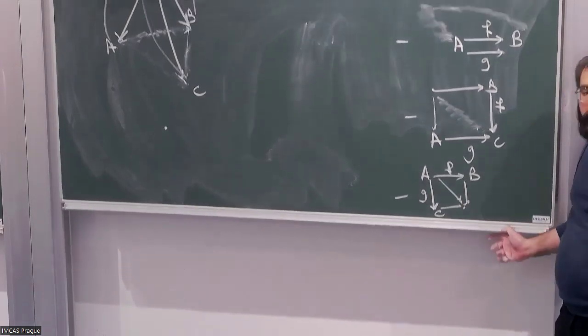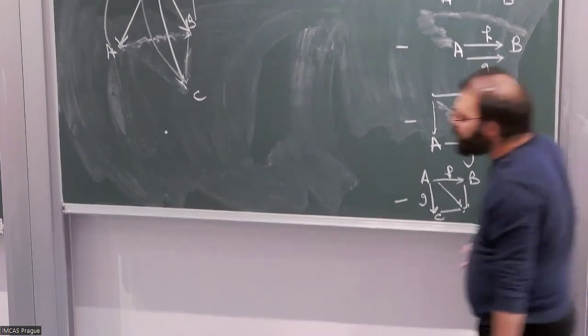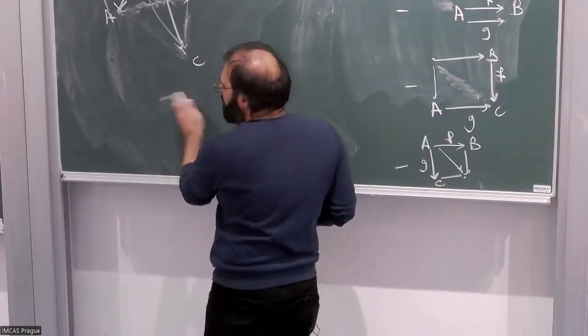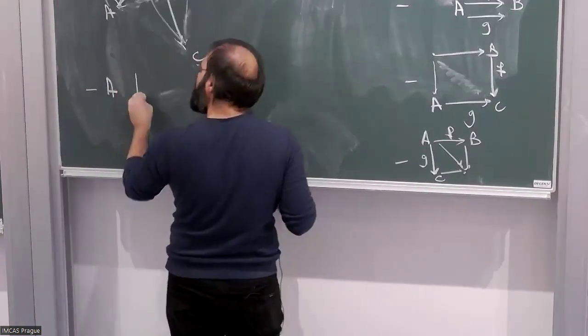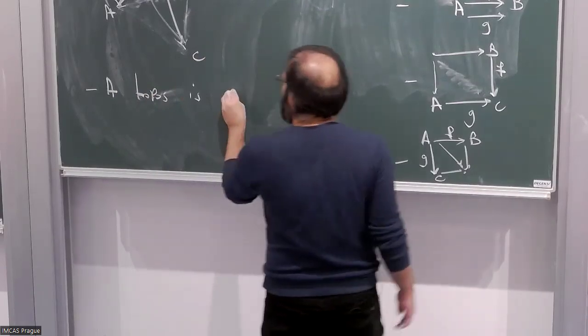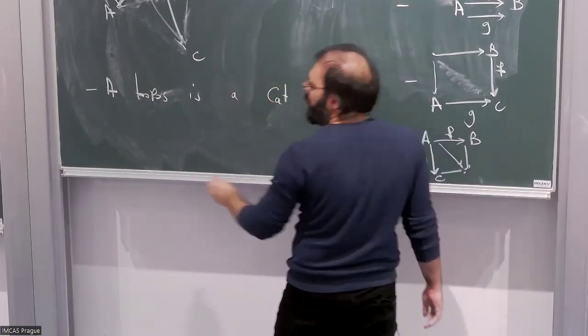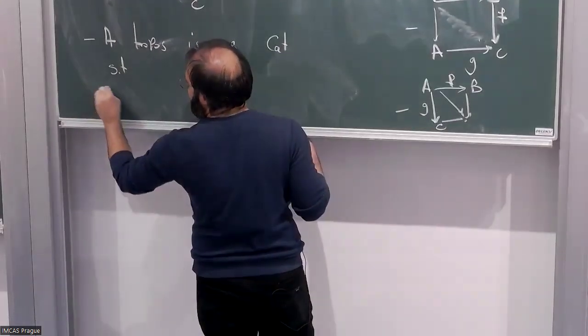So now what I want to say simply is this. A topos is, I cannot define a topos now, I need more things. But a topos is a category such that there are three conditions.